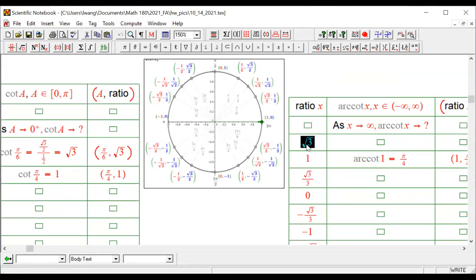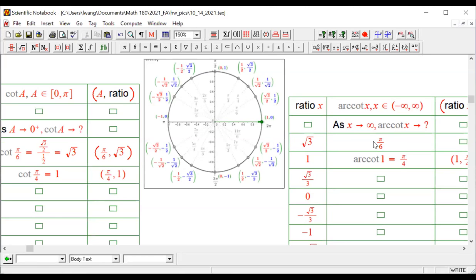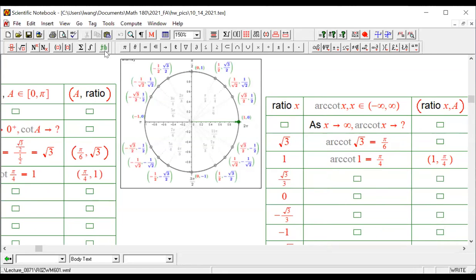So now the input is root 3 and the output is going to be pi over 6. The arc cotangent of the square root of 3 equals pi over 6, and that point is root 3, comma, pi over 6.